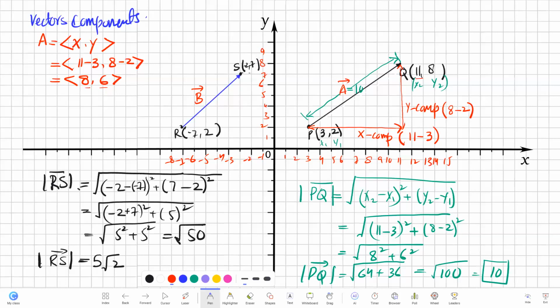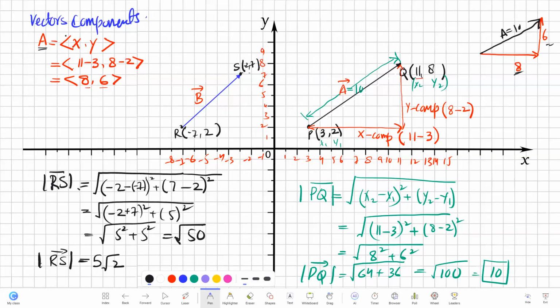This 8 and 6 means if I make a vector 8 here and a vector 6 here, and connect these two, I'm going to get a vector, which is my vector. And what is the length of vector A? You already calculated: 10. See, this is 8, this is 6, this is 10.